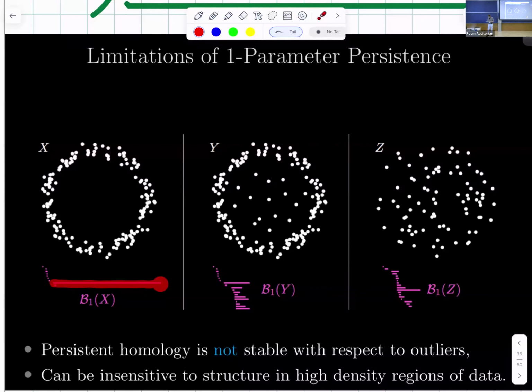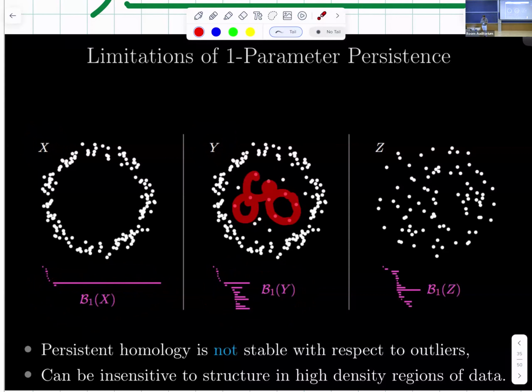Good. Now, the difference between X and Y is you sprinkle some noise in the middle. Like in real life data, I mean, there's always going to be some noise. And so that's really the difference between X and Y. They are not that much different. But if you look at their barcodes, this noise is going to change my barcode description totally. So I had here this nice long bar, but now the noise will create some circles here and there, and I don't know where.